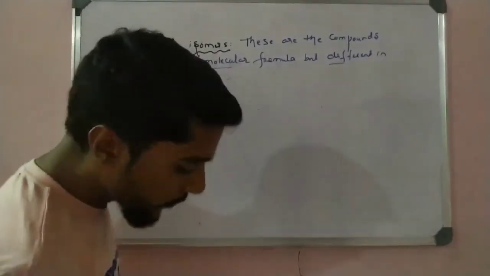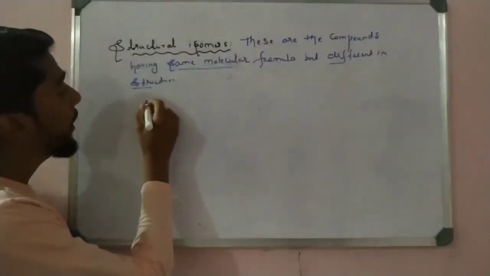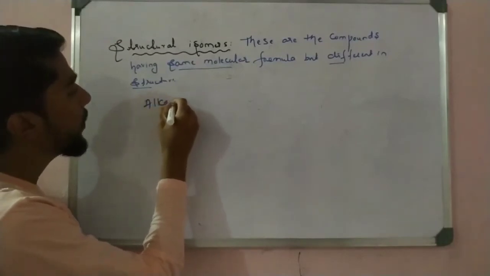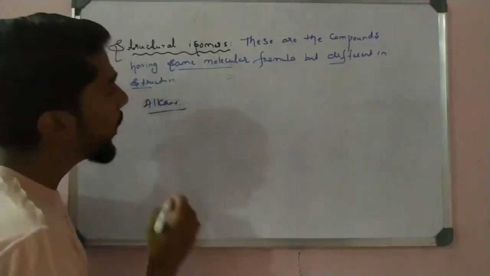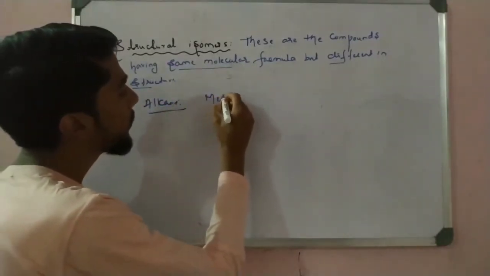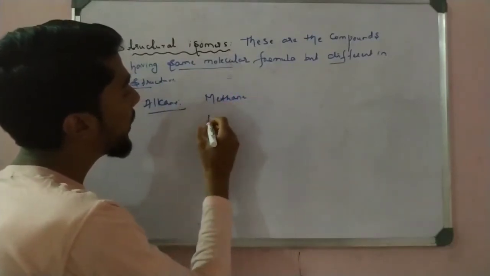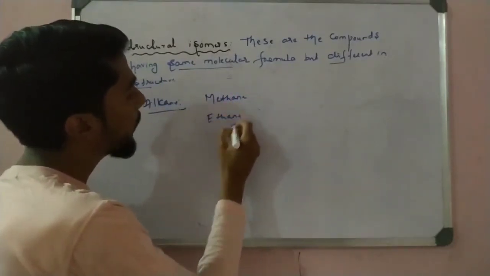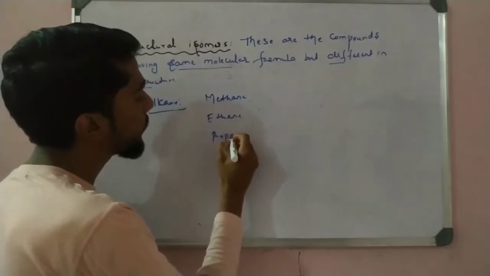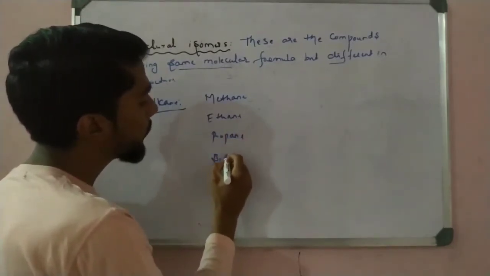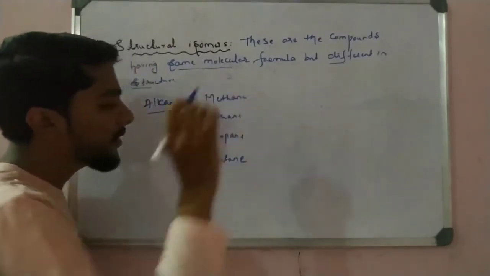So see, in alkane, okay, we only discuss about the alkane family. We know about methane and ethane, and then propane, and then butane, and then hexane. Okay, all is there.